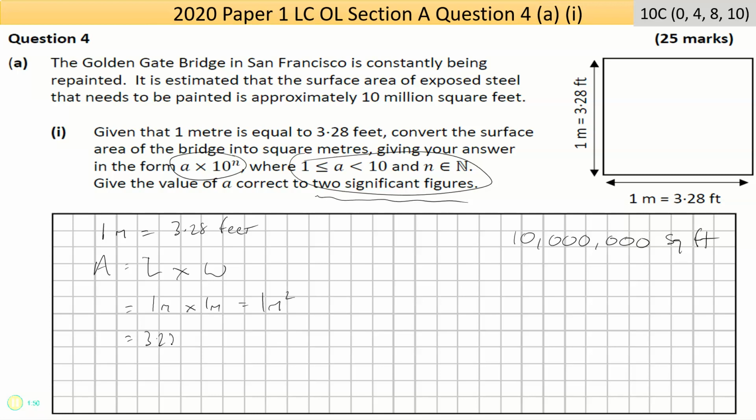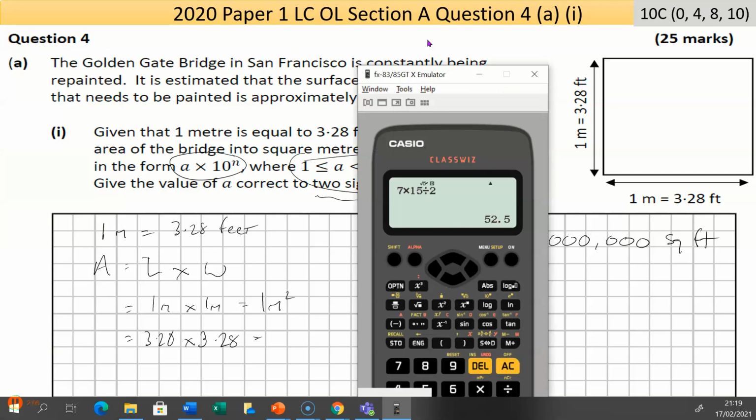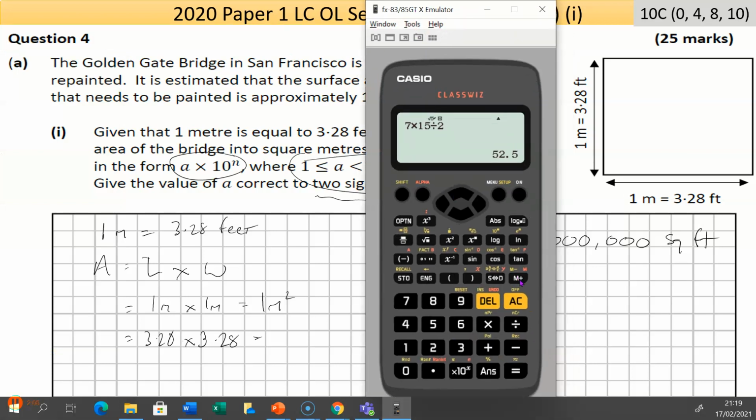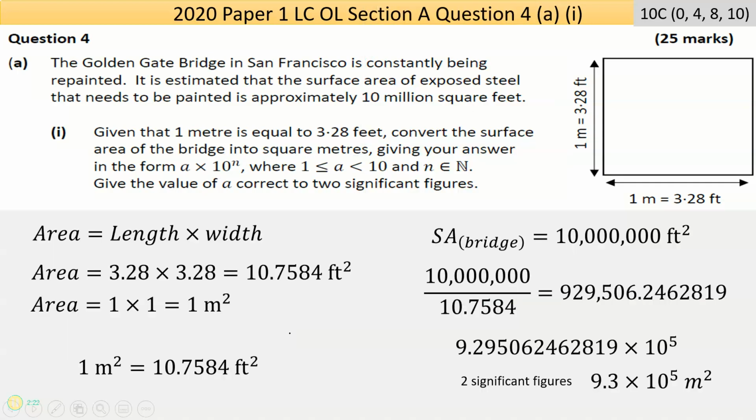Or you could express that in feet, so 3.28 by 3.28 is equal to, I should have my calculator open, and I do, it's just on my second screen. Okay, it's 3.28, now technically it's squared, so let's just save myself the time. And I get this 10.7548.